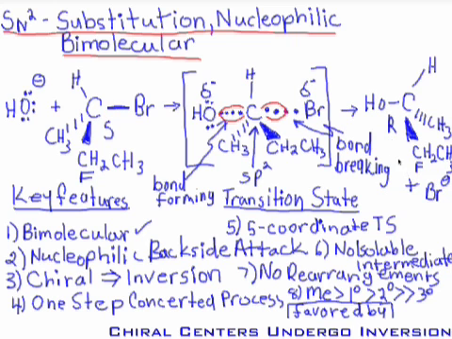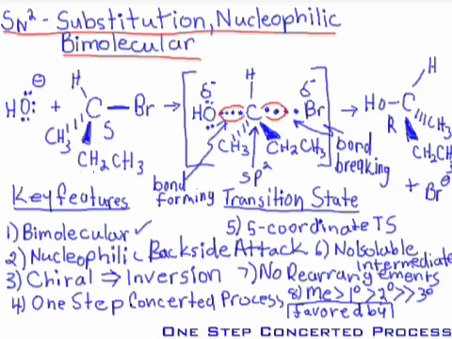That would still be S. The reason is the group that replaced the bromine did not retain priority 1. It became priority 2. So the inversion changed the chirality and the prioritization changed. Inversion still occurs, but in that case, when it's fluorine, S goes to S. You can take a look at that and puzzle over that one. If you don't understand it, don't hesitate to come see me.